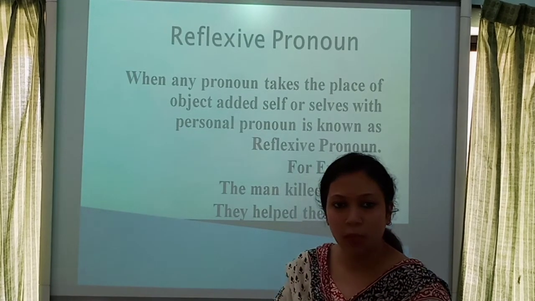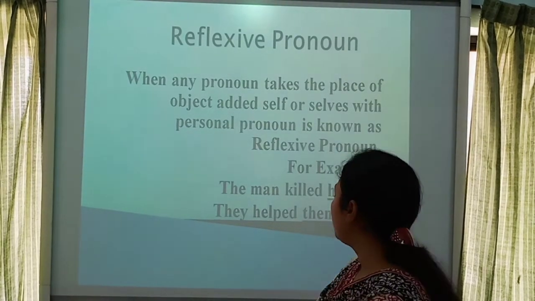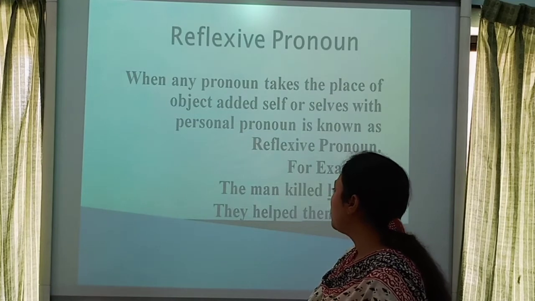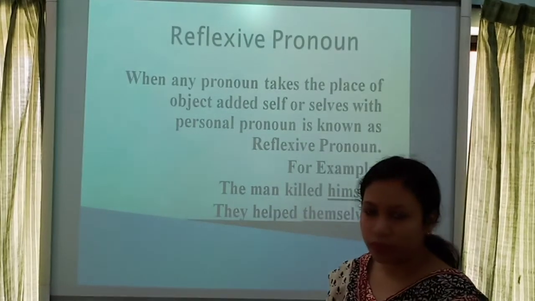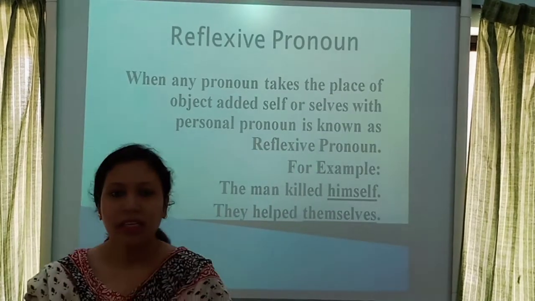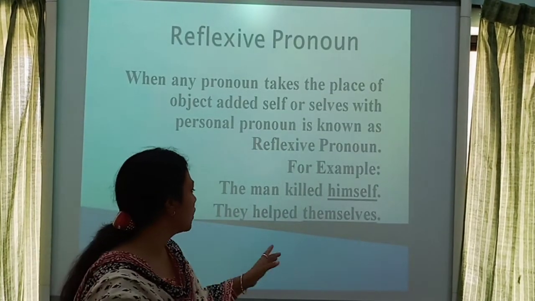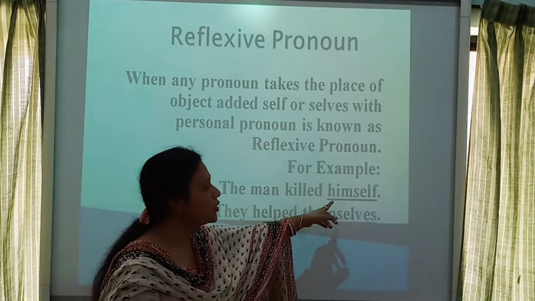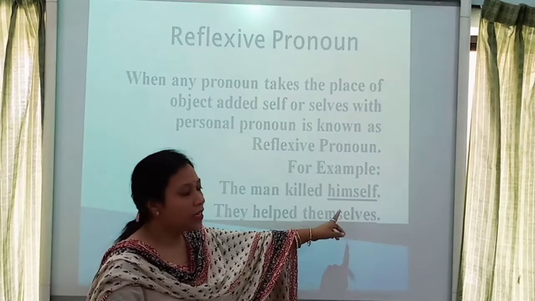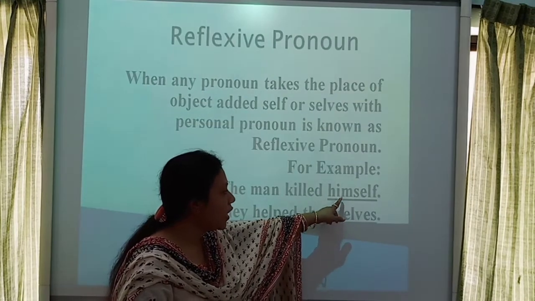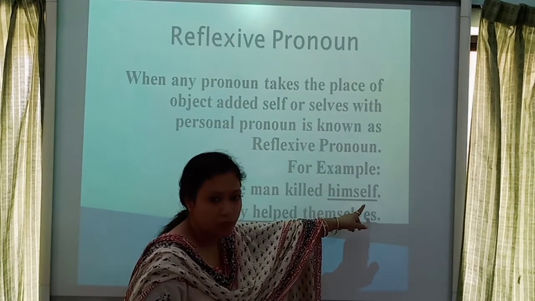Here I give an example. Look at here. The man killed himself. Here himself is a reflexive pronoun. Him is a personal pronoun, and here self is used.